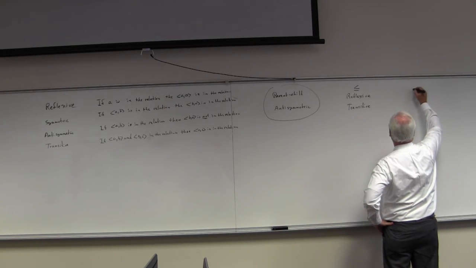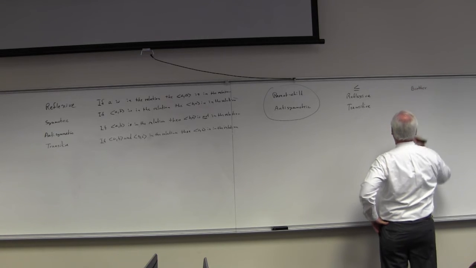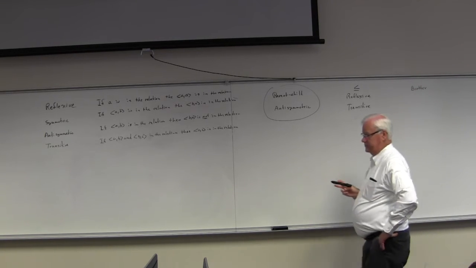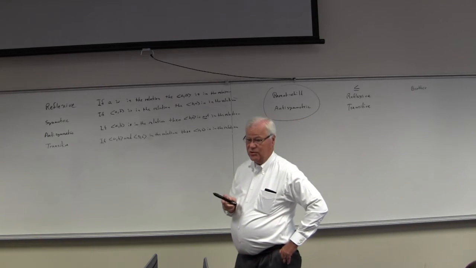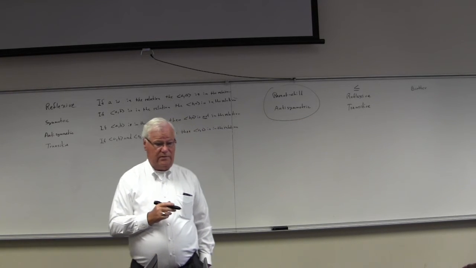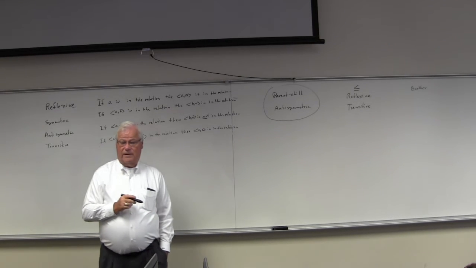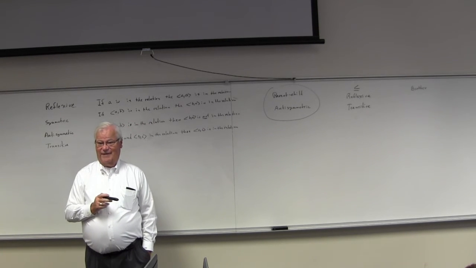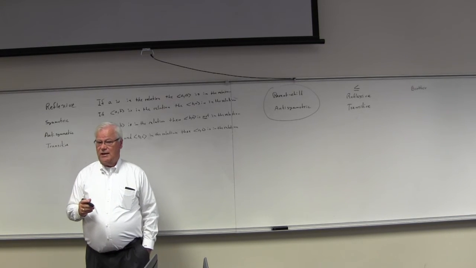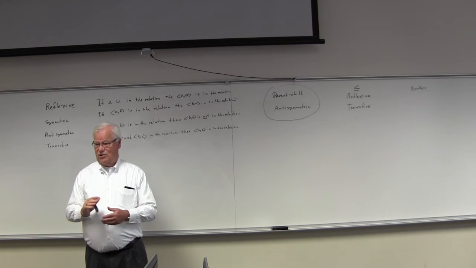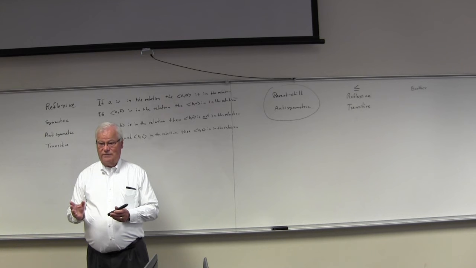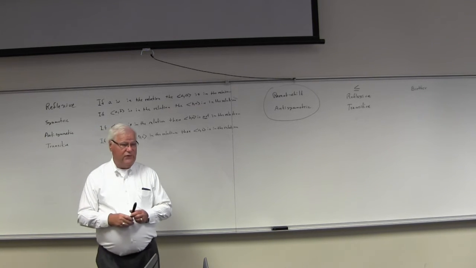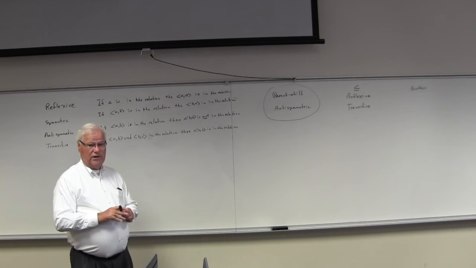How about this one? Relationship brother. Is brother reflexive? Yeah. Well, no, because a brother can't be a brother to itself. Exactly. And in fact, the best way to say that is, if you were an only child and somebody said, do you have a brother? You'd say no, right? Okay. So it's not reflexive. Is it symmetric?